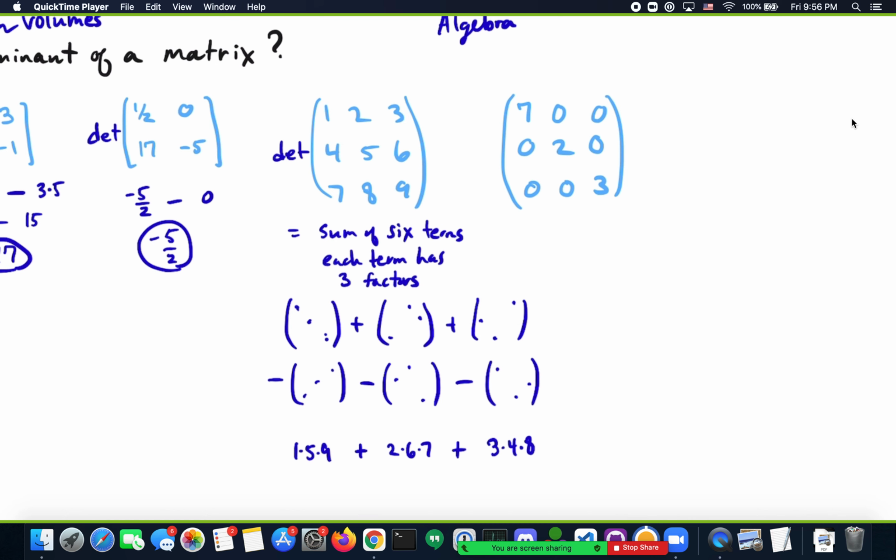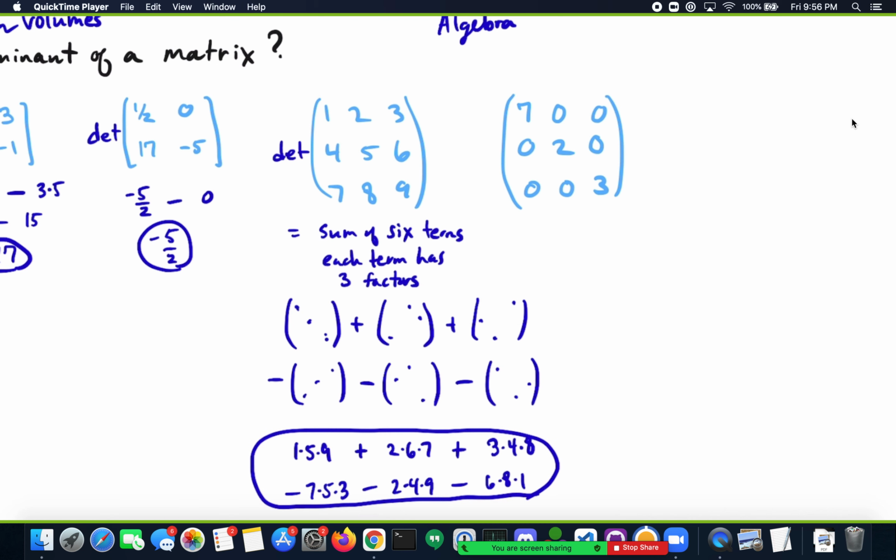Here, now we take a negative 7 times 5 times 3. Then we do negative of 2 times 4 times 9. And the last one is negative of 6 times 8 times 1. And this is a number, and that's the determinant.